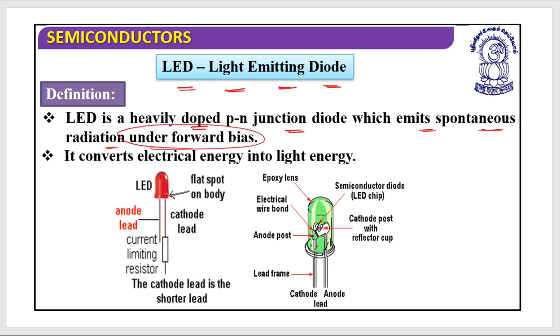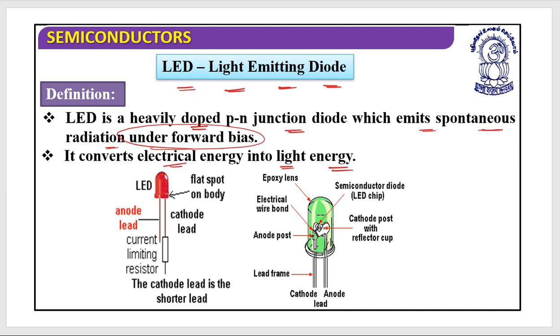That means it converts electrical energy into light energy. So basically we provide it electrical energy, and with the help of this electrical energy it will convert this energy into light energy.